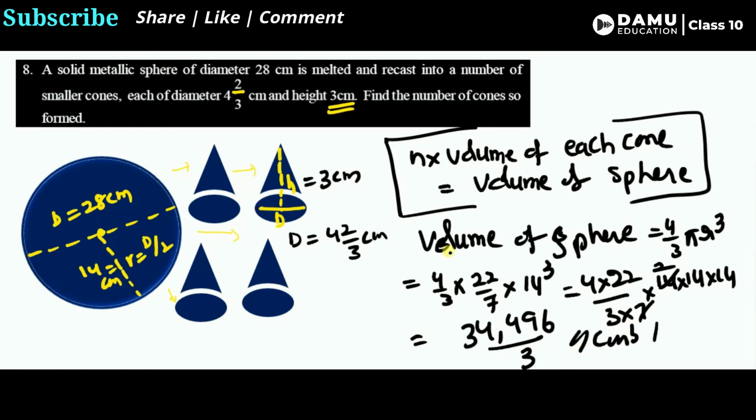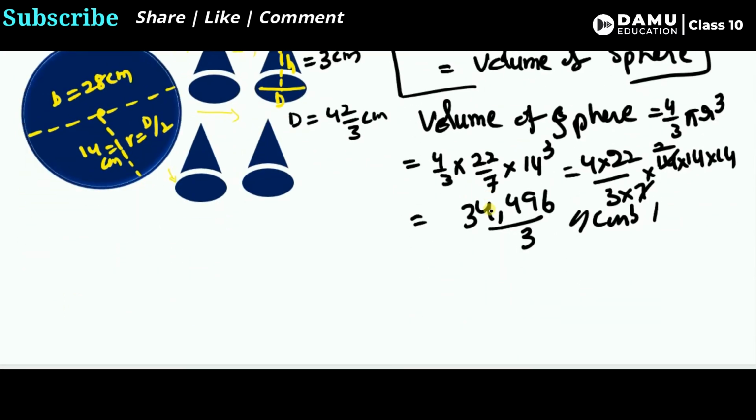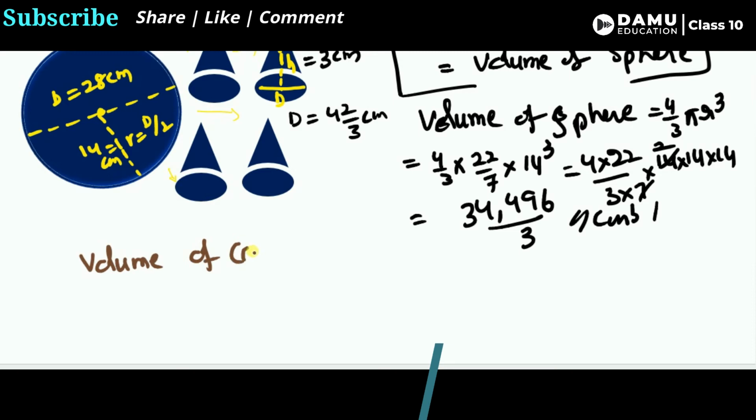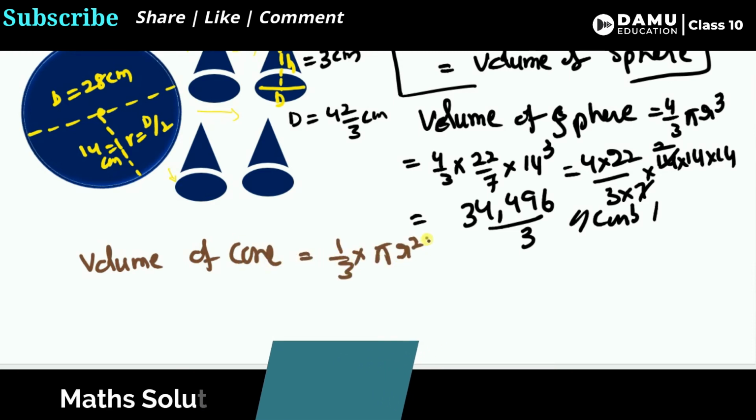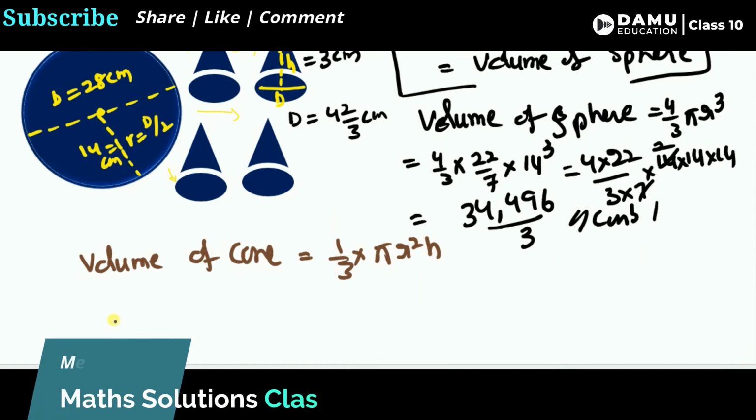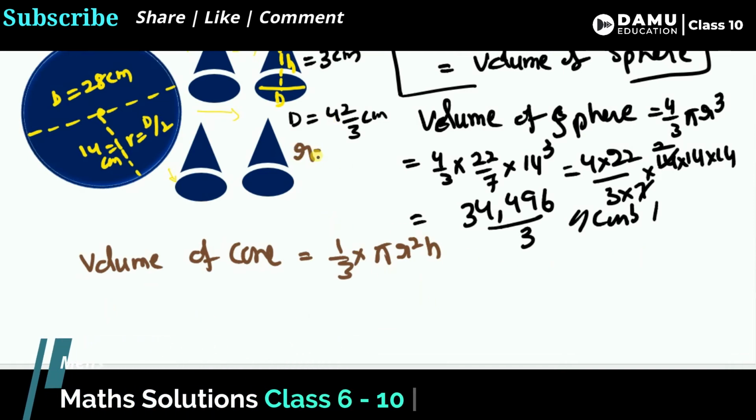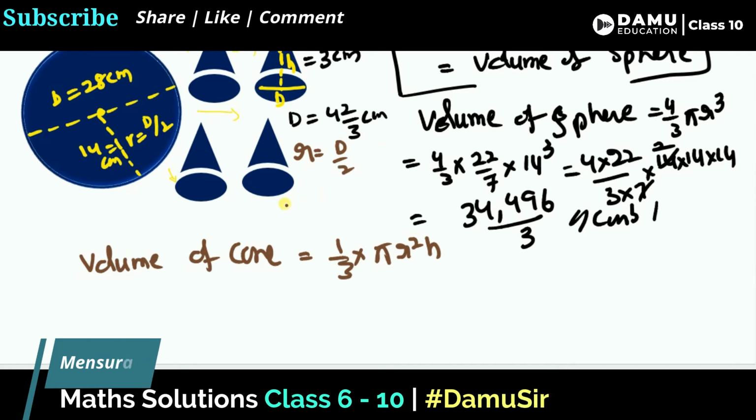Whatever final values we calculate, at the final step you can easily take them out. Then the volume of the cone. Volume of cone is 1/3 of the volume of the cylinder, that is 1/3 pi r square h. Then what is the radius here? Radius will be D by 2. D is 2 by 3 plus 4 into 3, so 12 plus 2 is 14 by 3.